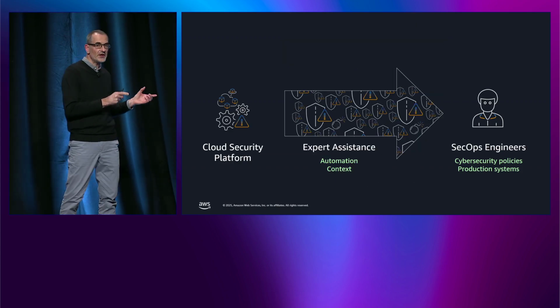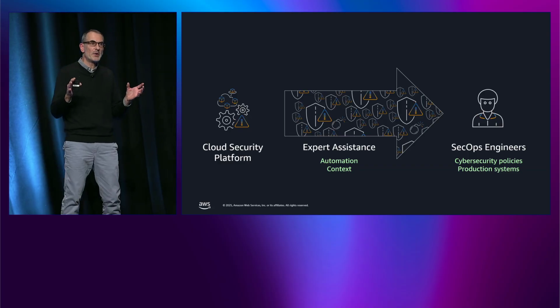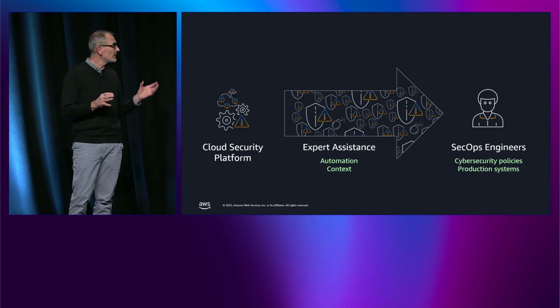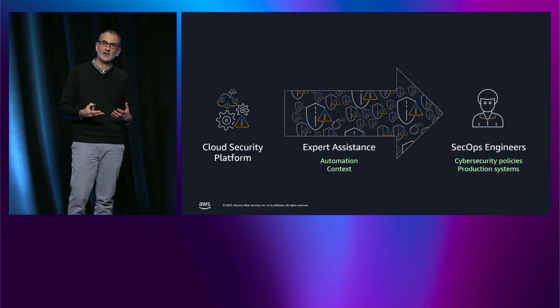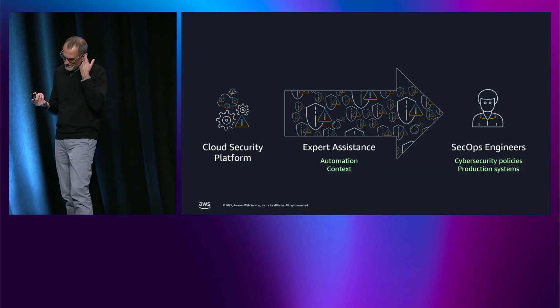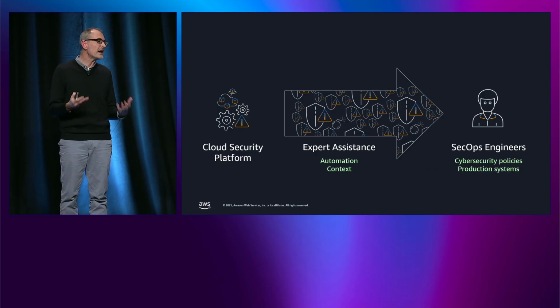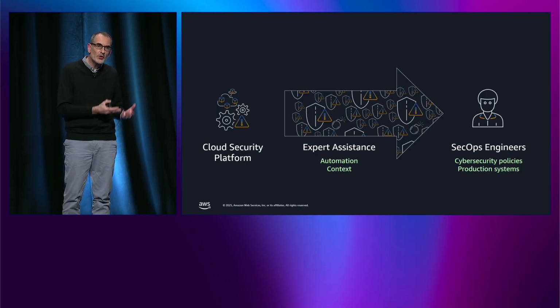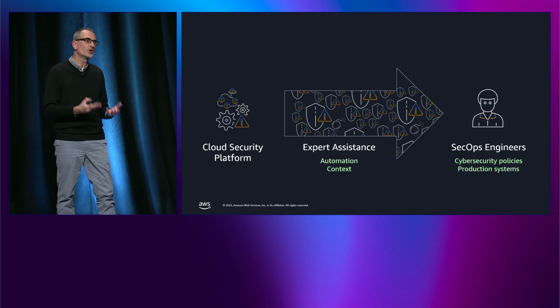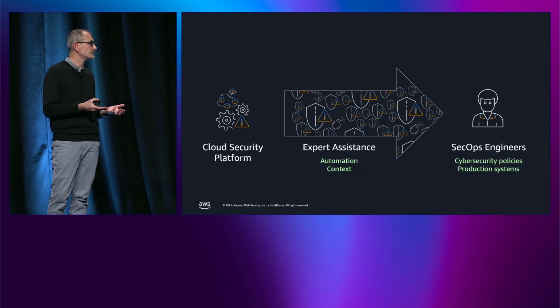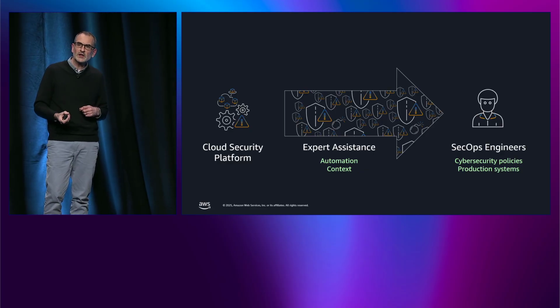So the SecOps engineers are the real experts here, but given the size of the challenge, they'll likely benefit from some expert assistance. On the one hand, it's a simple problem of information overload. So automation can help. You can improve the flow of work by automating common tasks. But more importantly, it's a context problem.